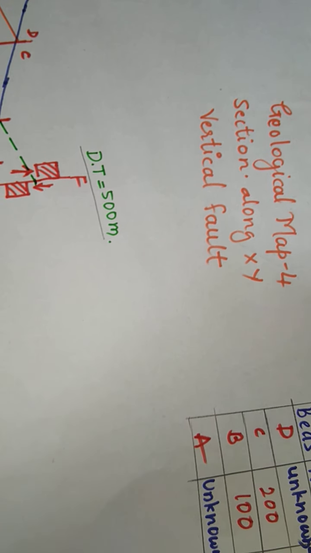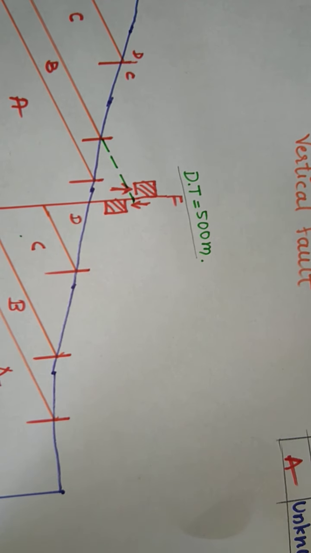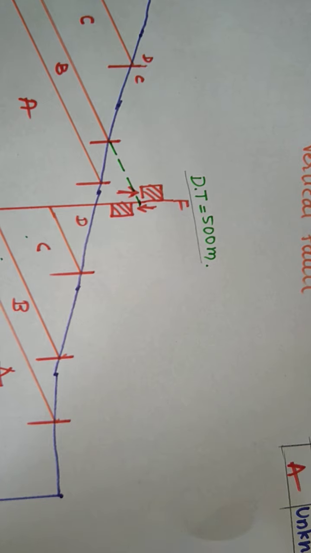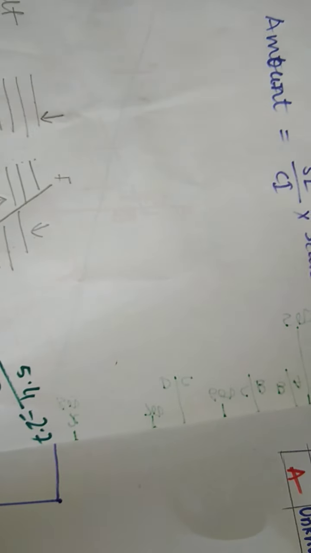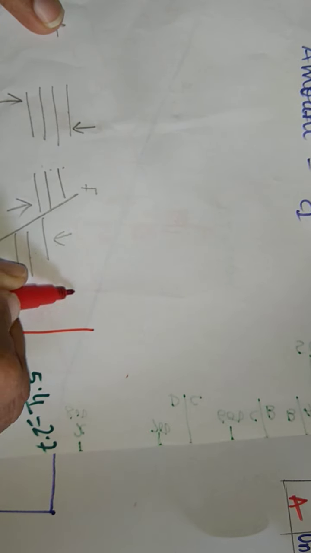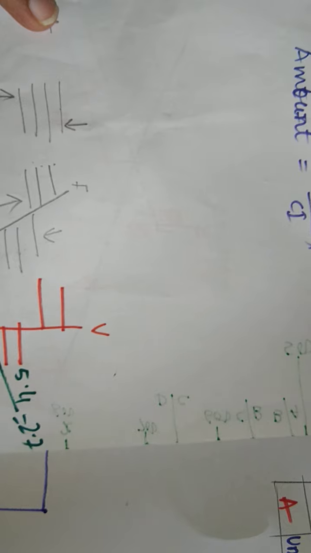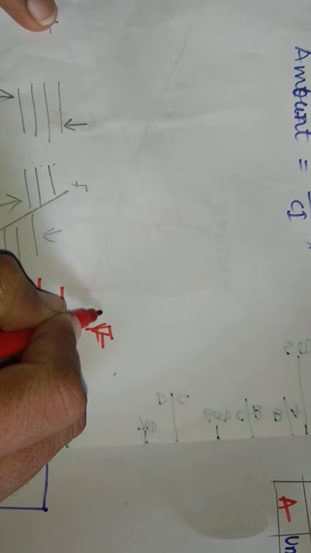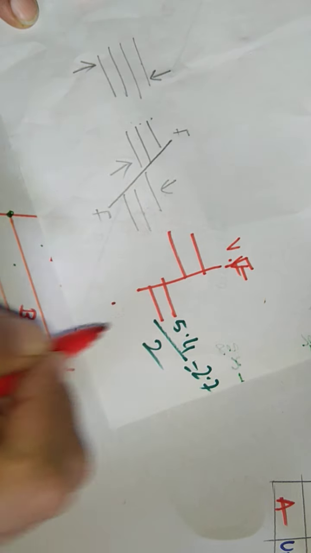So this fault is a vertical fault. When is it called a vertical fault? When the fault plane is vertical, then it is called a vertical fault. So this is the vertical fault wherein the fault plane is vertical.